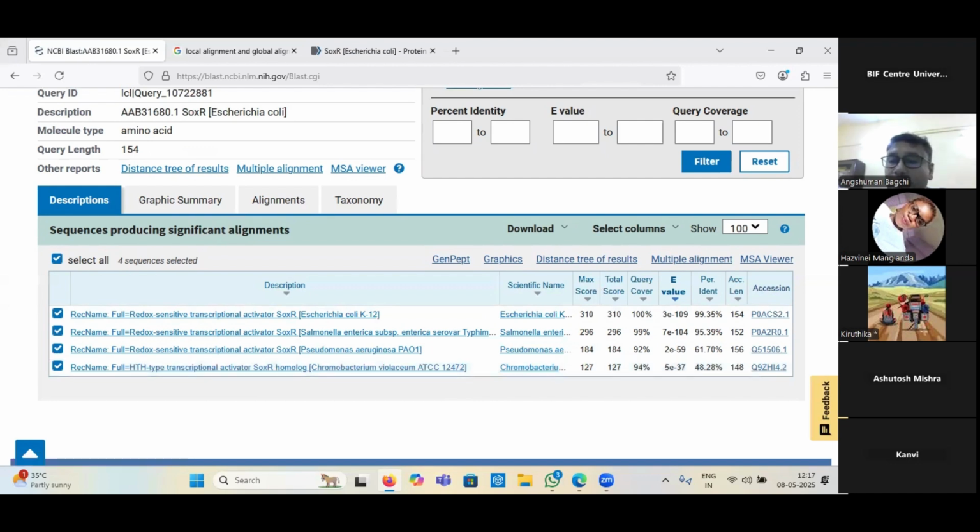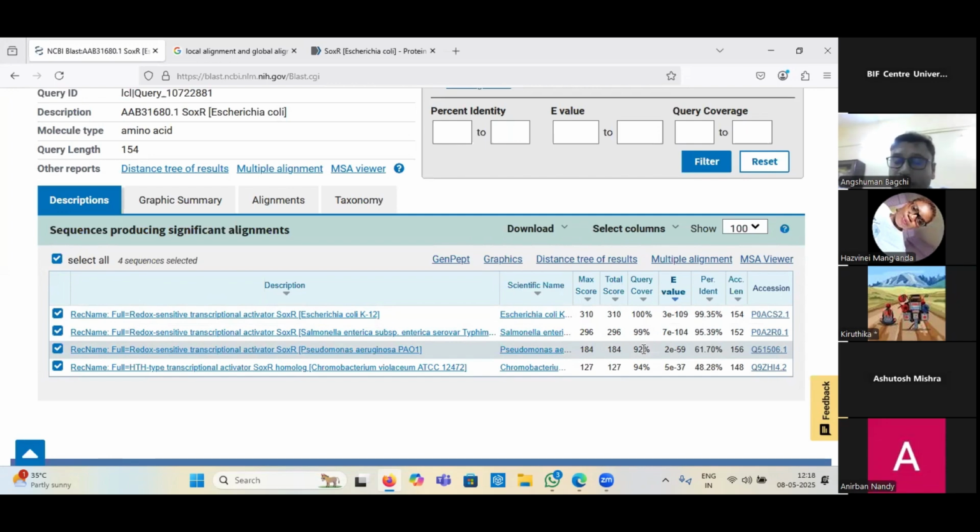You need to remember this. This is the score. This score is giving you an idea about how related the two sequences are. The higher the score, the better the alignment. Then comes query coverage. Query coverage means how many amino acids are found to be in the alignment.